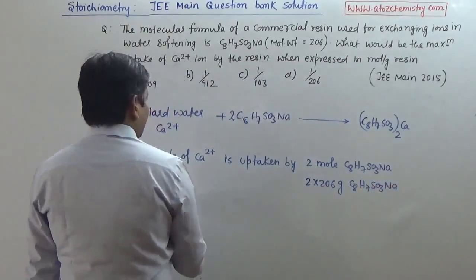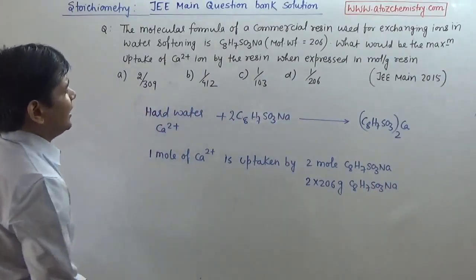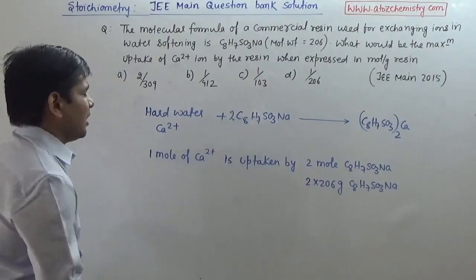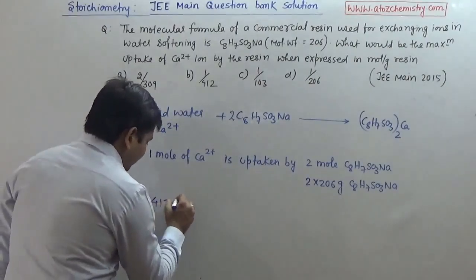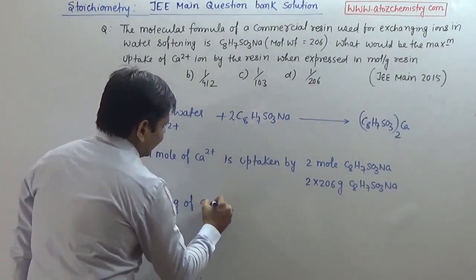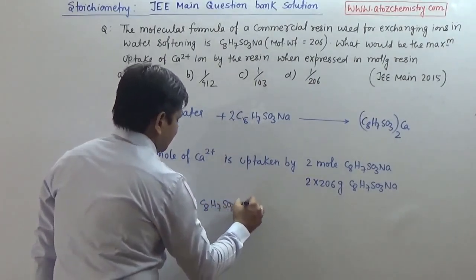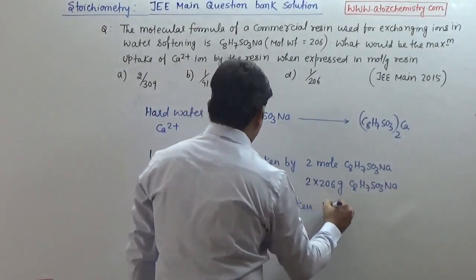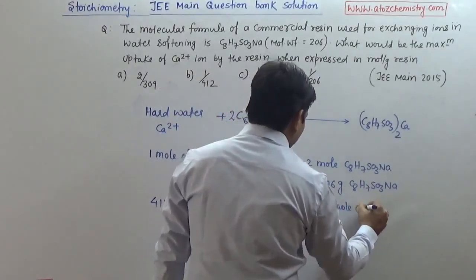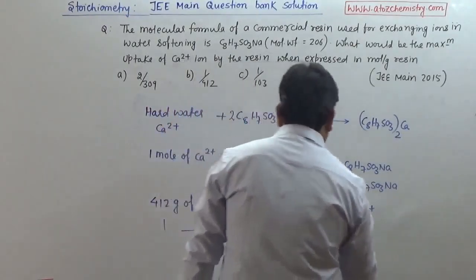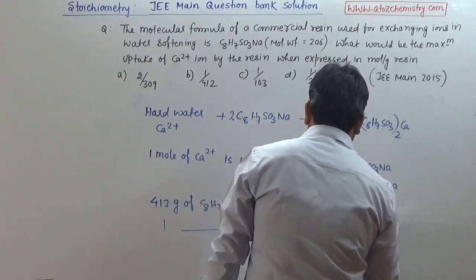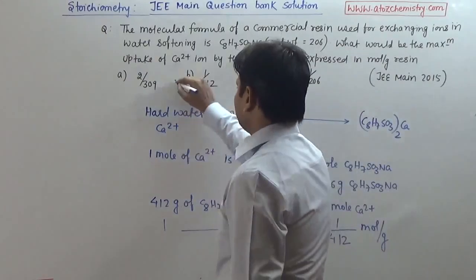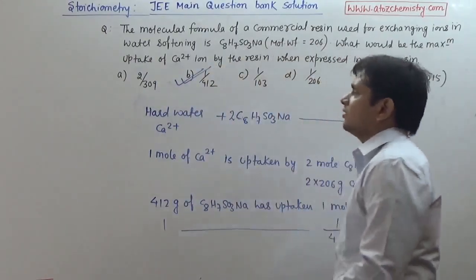So if the expression is written as mole per gram, mole of calcium 2 plus per gram, then 412 gram of C8H7SO3Na has taken up 1 mole of calcium 2 plus. So 1 gram of this will take up 1 by 412 mole of calcium. So the answer will be B. This is the correct answer.